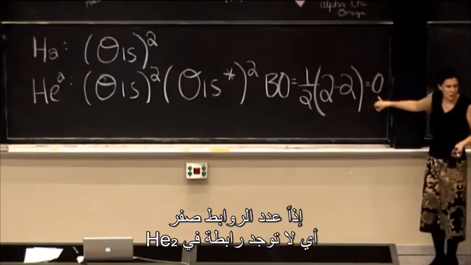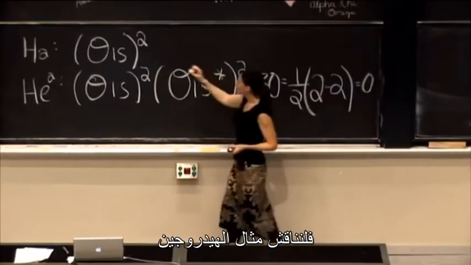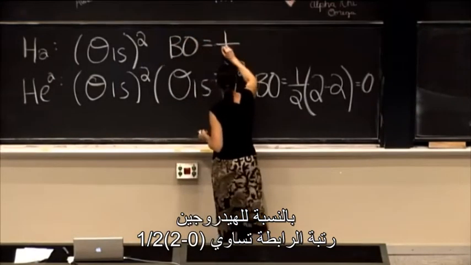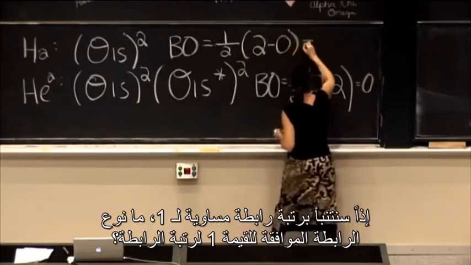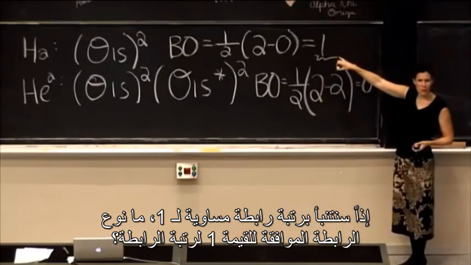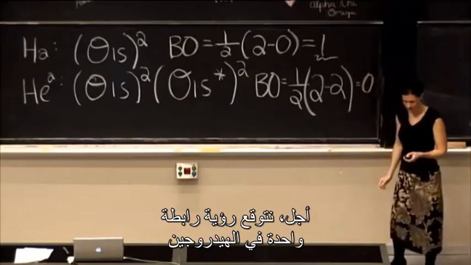So it has a 0 bond. There's no bond in He2. Let's look at hydrogen. For hydrogen, our bond order is going to equal 1/2, 2 minus 0. So we would predict a bond order of 1. What kind of a bond is a bond order of 1? Yeah, we'd expect to see a single bond in hydrogen.